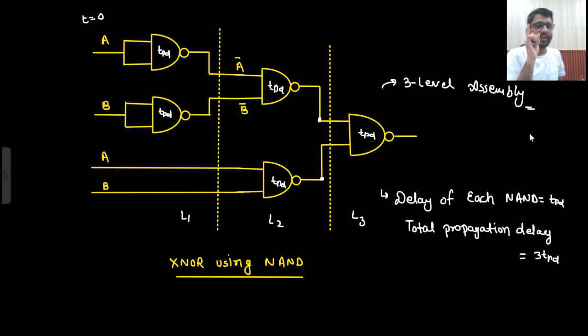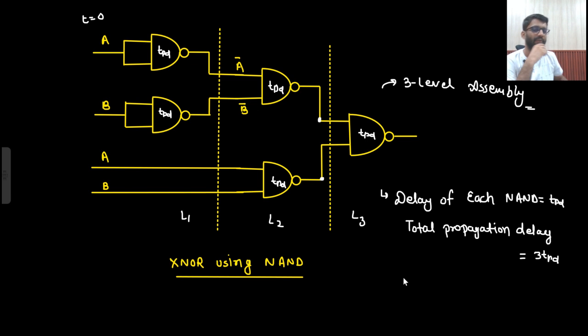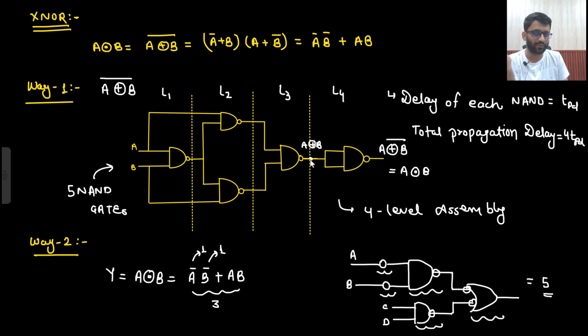So you made your XNOR gate using NAND gate only, but here your delay was 3 TPD and here your delay was 4 TPD. So which is the better method? This is the better method, no? Here I am getting less delay. But let's say I am designing something, and in my design, if I need both XNOR gate and XOR gate, then I will use this structure. Because from here I can get the function of XOR gate, and from here I can get the function of XNOR gate.